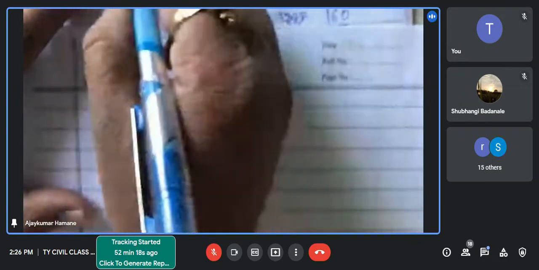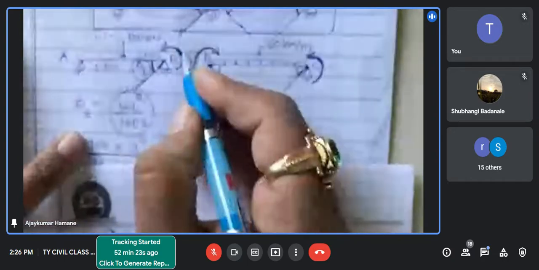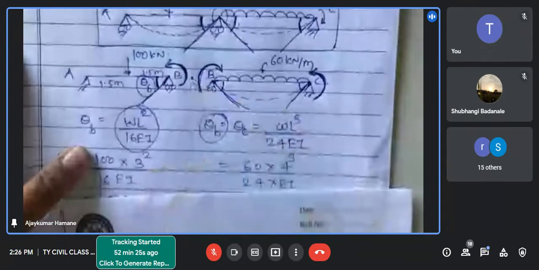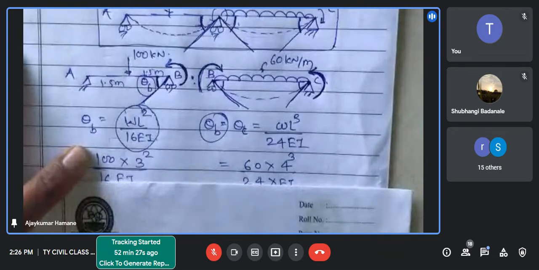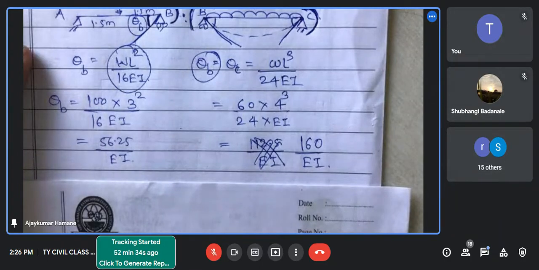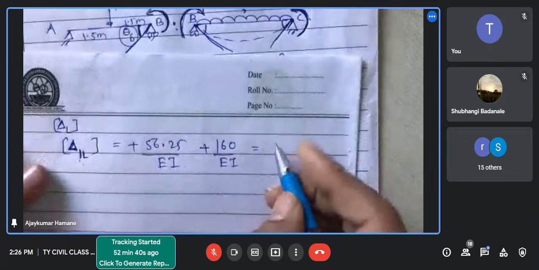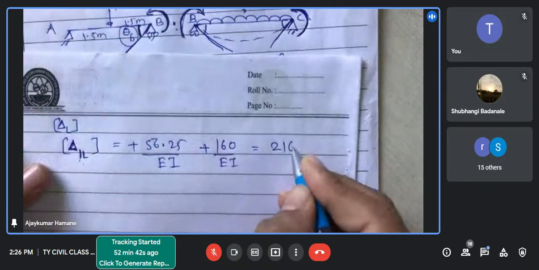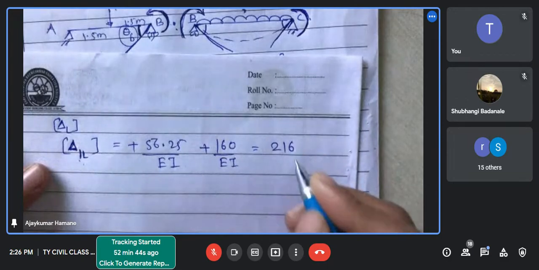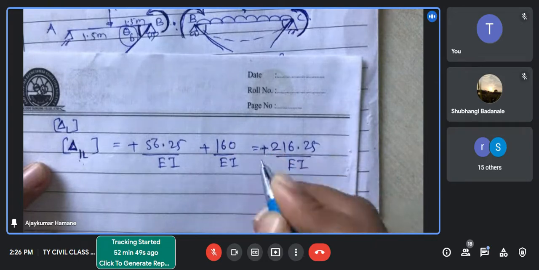That means if you add this theta B and this theta B at one junction, we will write plus 56.25 divided by EI plus 160 divided by EI. What is the total? 216.25 divided by EI.